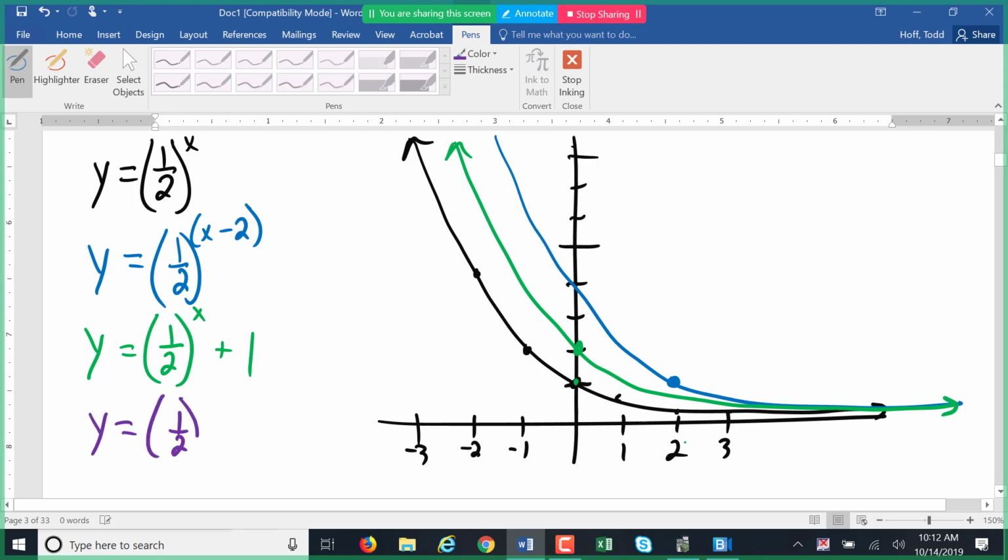Y equals (1/2)^(x plus 3). What's going to happen there? So you left 3 spots. Perfect.